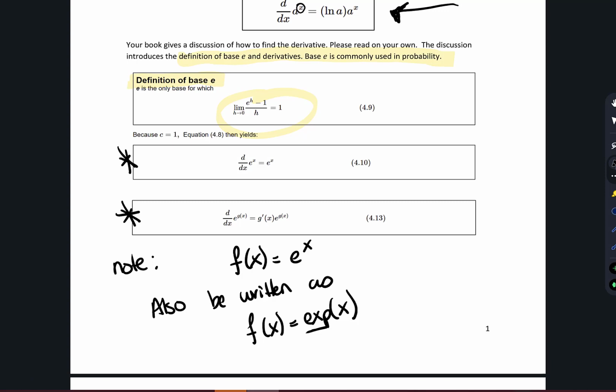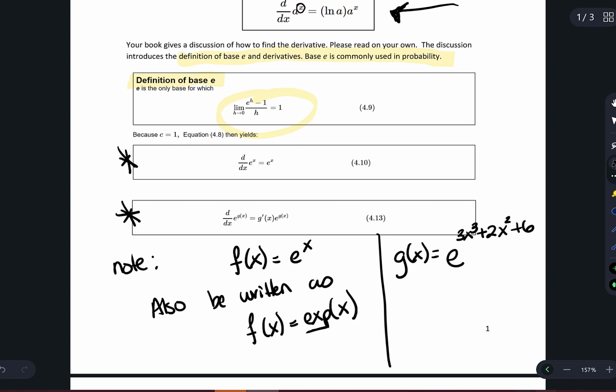The reason that the second one is useful is there are times when maybe we don't just have x in the exponent, but again, we have a function of x. So let's say we had something like g of x is equal to e to the 3x cubed plus 2x squared plus 6.